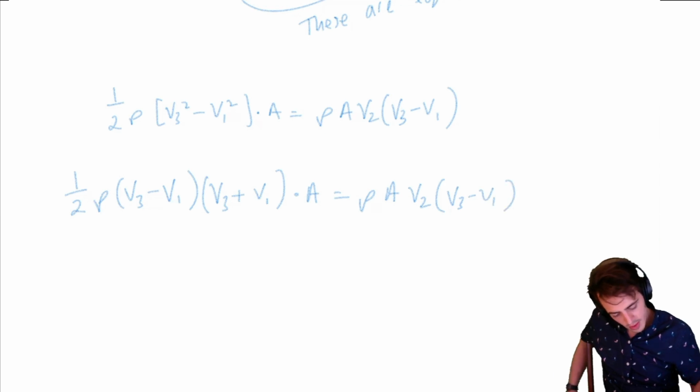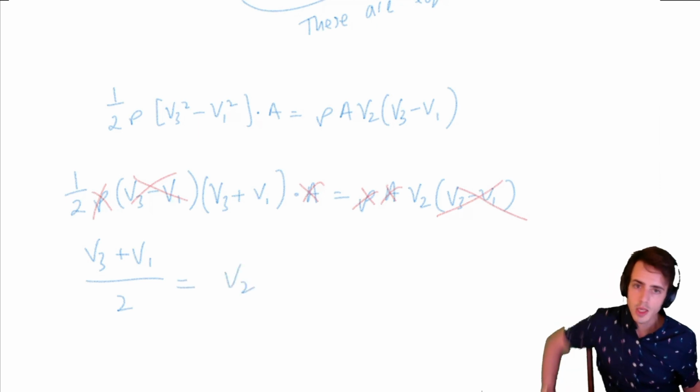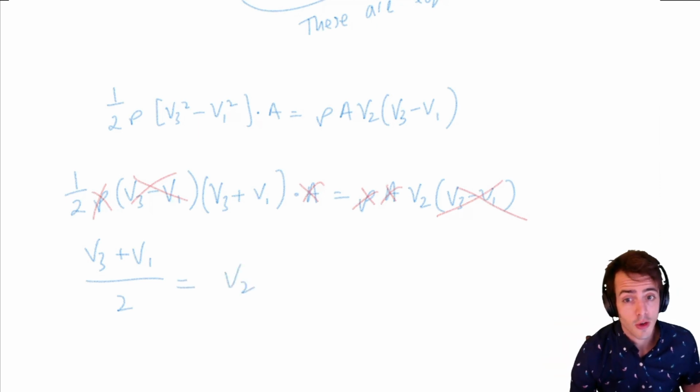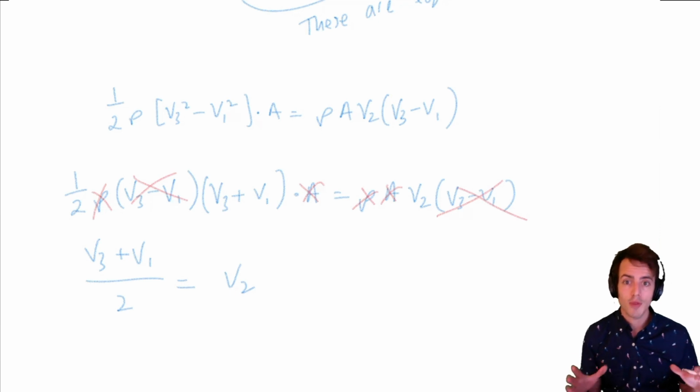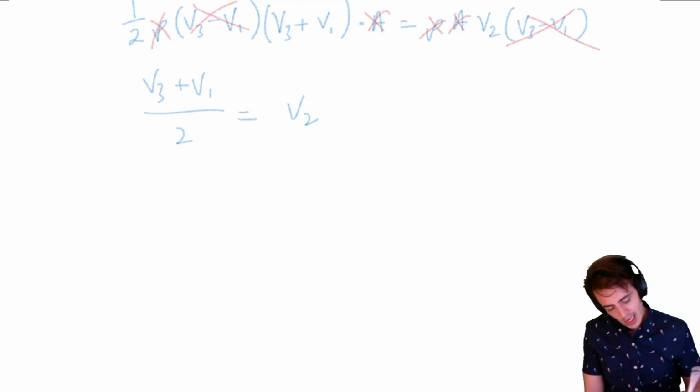Now some things are obviously going to cancel: the rho cancels, the A's cancel, and this whole bracket cancels, leaving us with V3 plus V1 on 2 is equal to V2. So this is telling us that the velocity at the disk is equal to the average of the upstream and the downstream quantities.